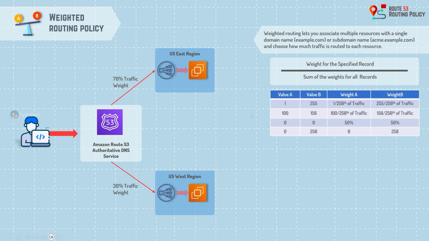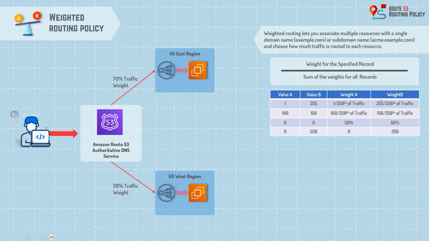So we have the value A. Let's suppose the value A is 1 and value B is 255. So the weight for A will be the weight of the specified record divided by the sum of the weights of all the records. That is 1 by 256 of traffic.